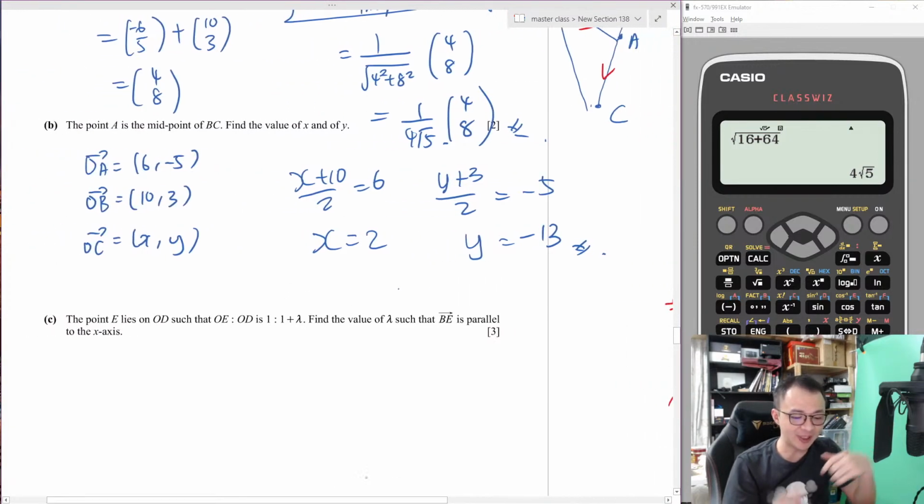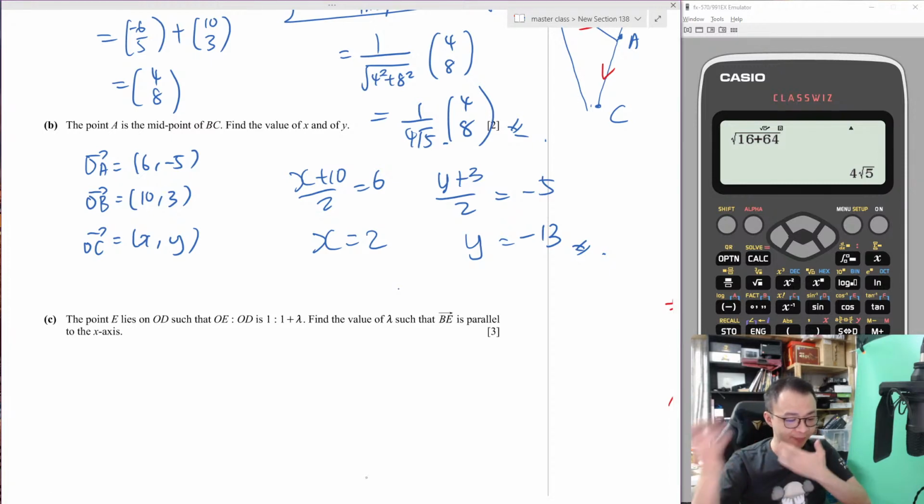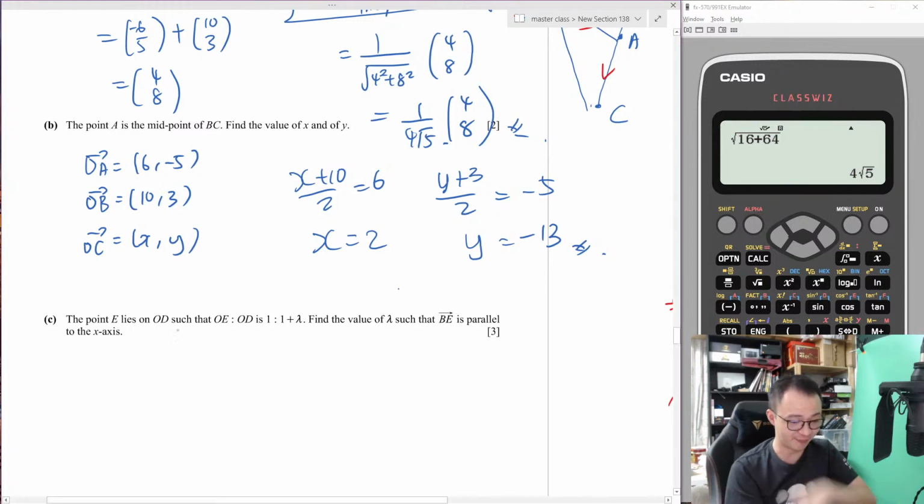So, alright, let's have a look at part C here. Point E lies on OD, such that we have some ratio. Find the value of lambda such that BE is parallel to the x-axis.